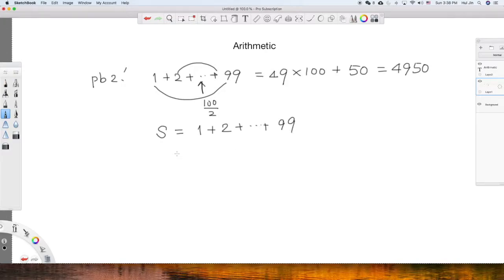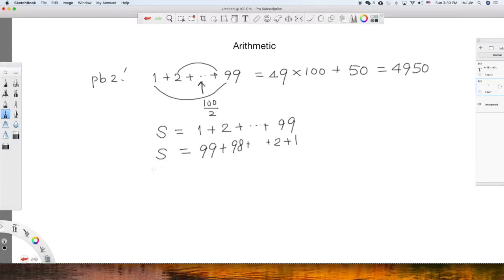And now I'm going to reverse the order of doing the sum. S also equals 99 plus 98 plus all the way to 2 and 1. Okay? The S is the same because of the commutative property, right?